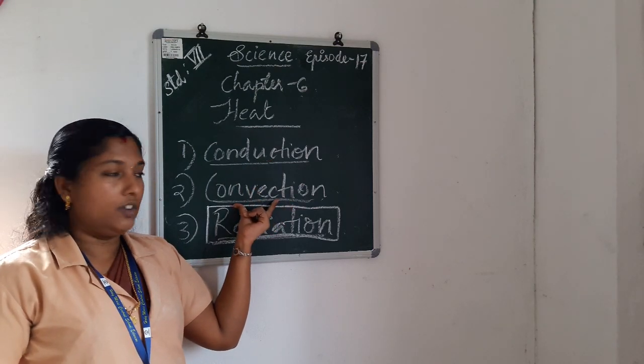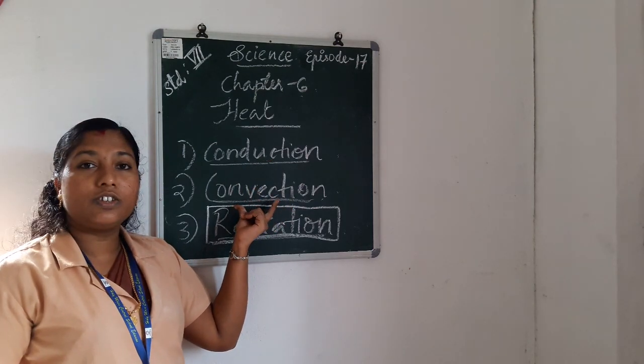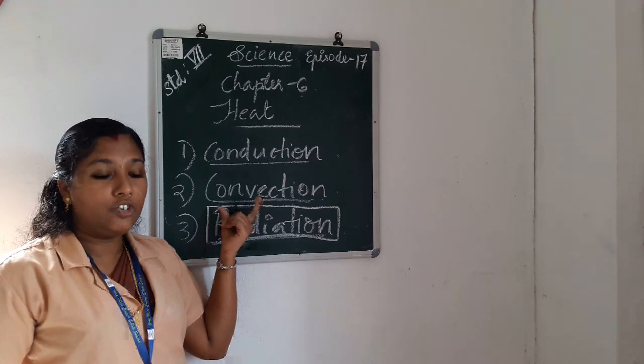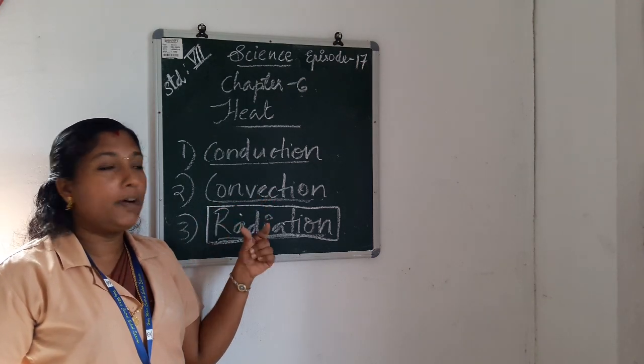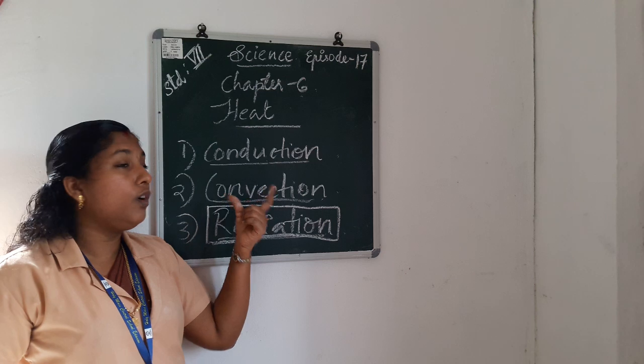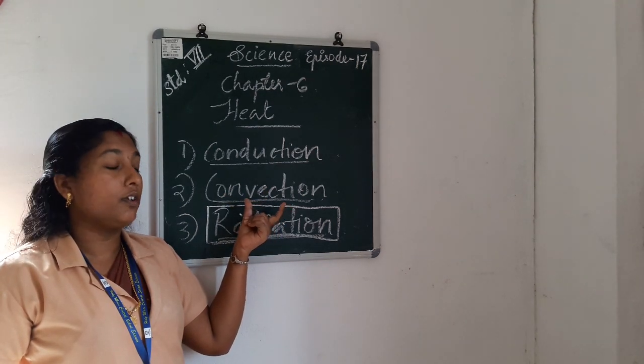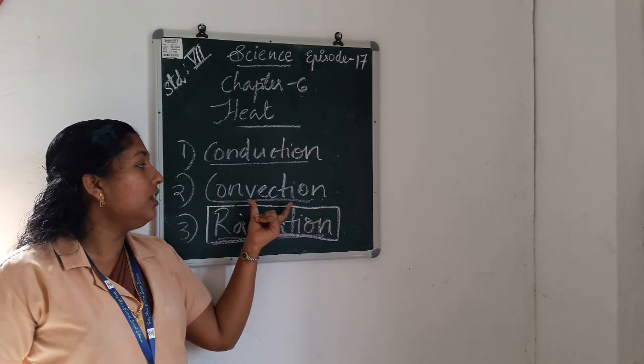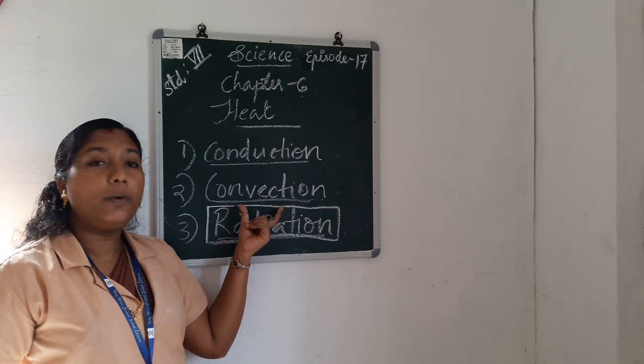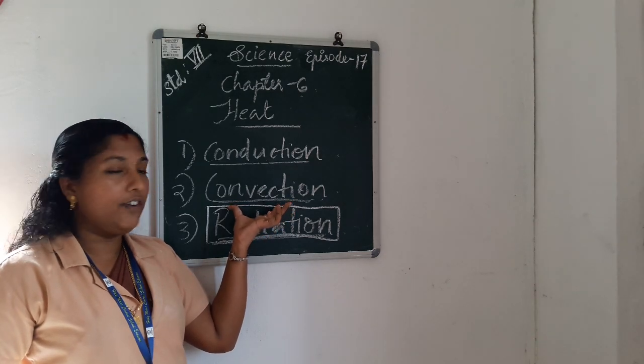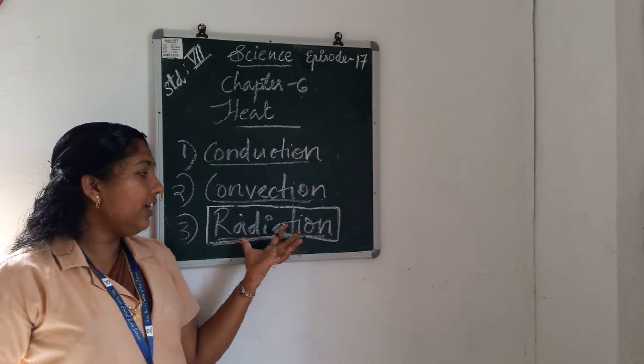Then convection. What do you mean by convection? Convection is also a mode of heat transfer from the hotter part of a liquid to the colder part of a liquid with the movement of the liquid itself. Then radiation.